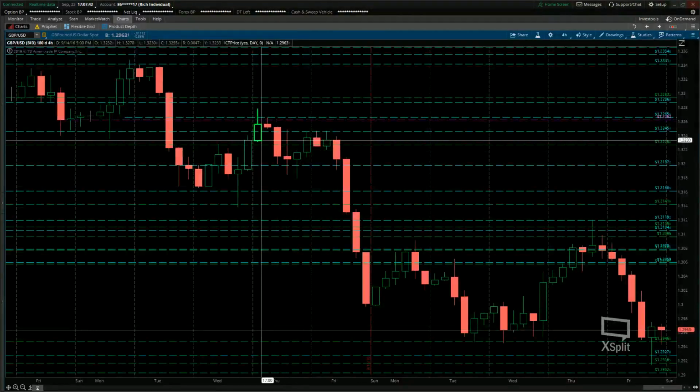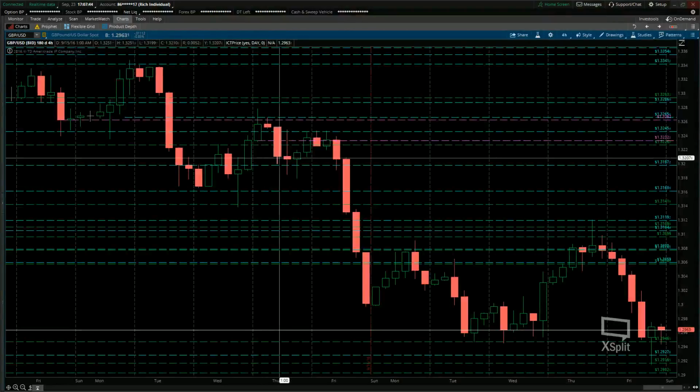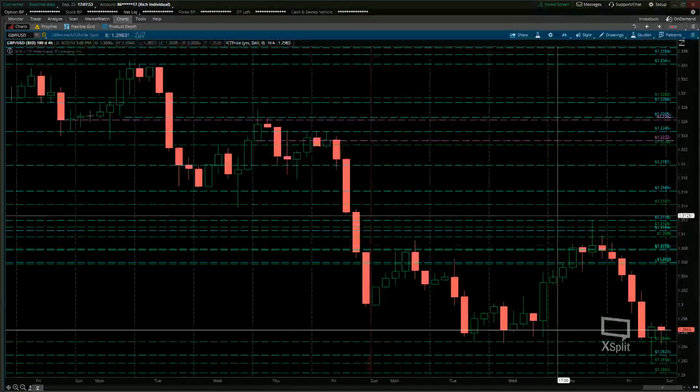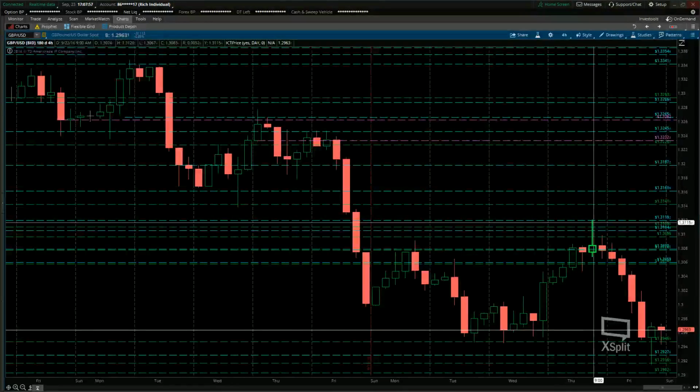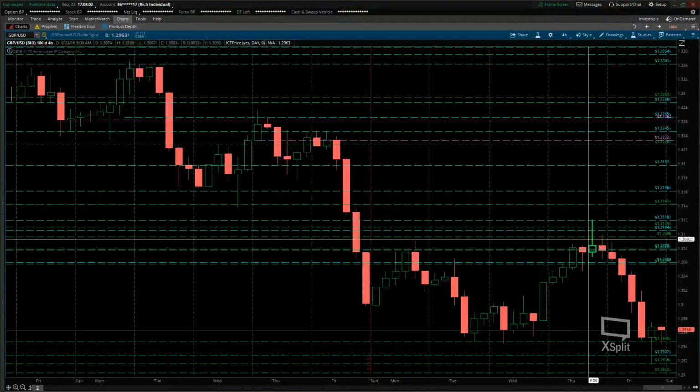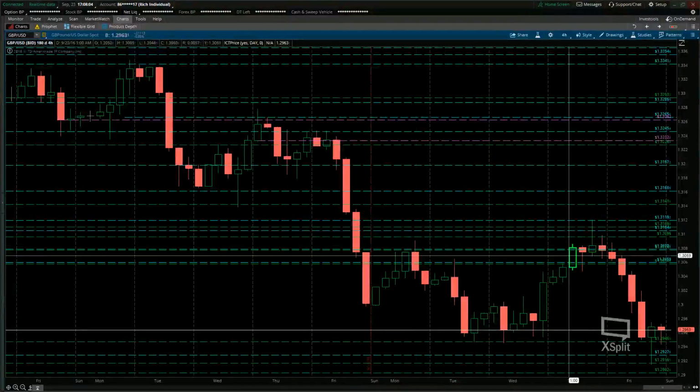Also, if we do a 4 hour here, the bodies are stronger than the wicks. The bottom of the wicks are not that big of a deal. If we look at this one, we didn't really get a signal on the 4 hour, but we did on the daily for the high of day. And I took this trade going up to this area to run stops.